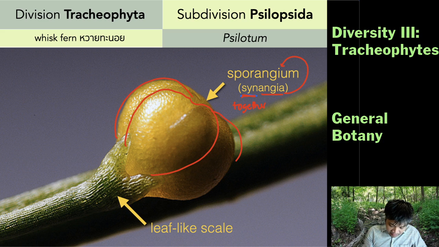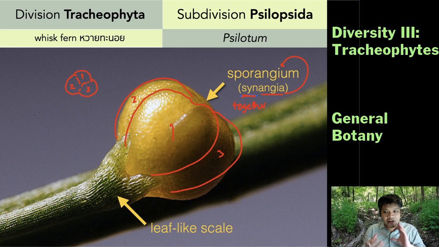If you look from the top view, it looks kind of like this: 1, 2, 3. There are three components fused into one. That's why we call them synangium. And this sporangium sits on top of what we call a leaf-like scale. Leaf-like scale, because it's actually not a leaf. It looks like a leaf, but it's a scale.